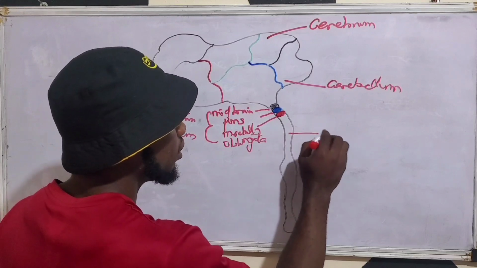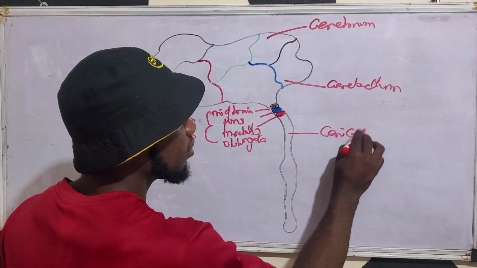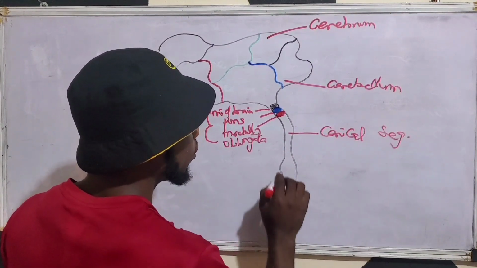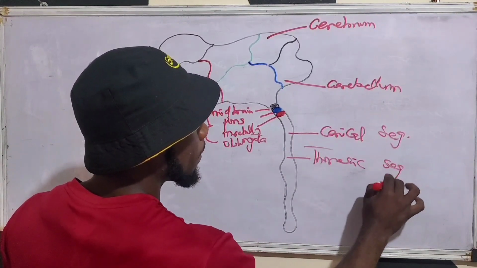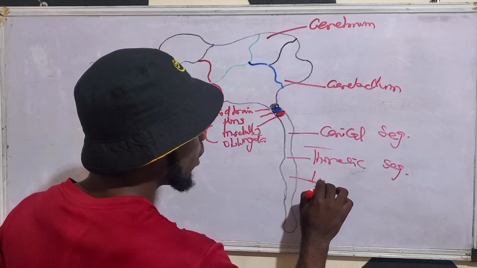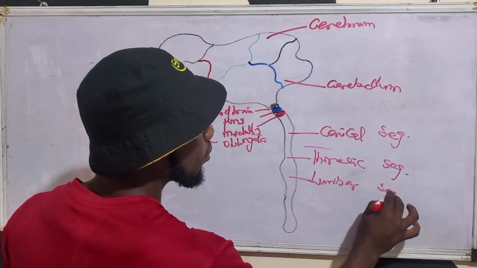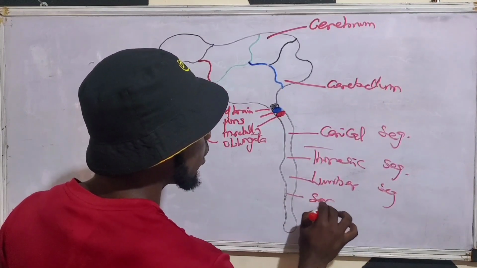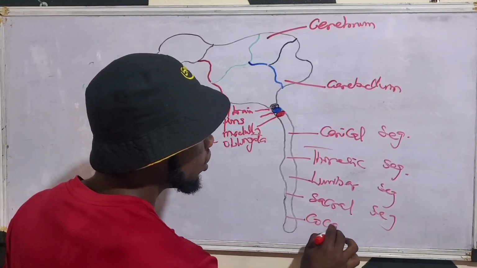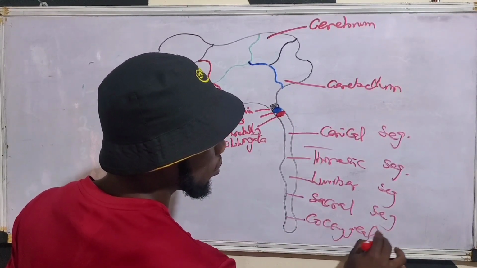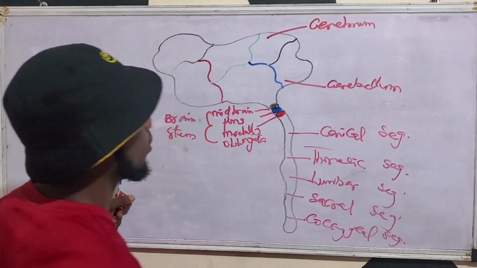Right here, you will see the cervical segment. You see the thoracic segment. You see the lumbar segment, then the sacral segment, and finally the coccygeal segment.